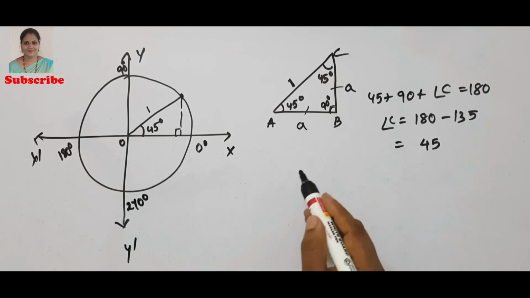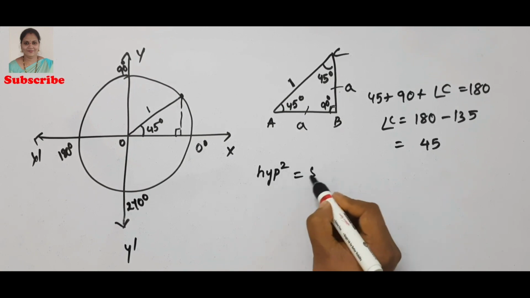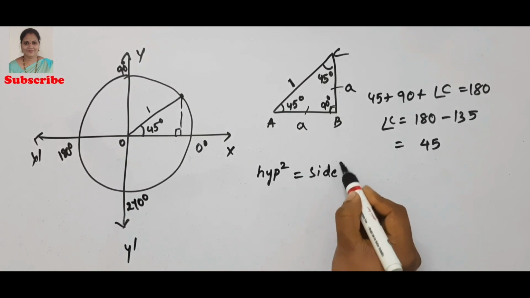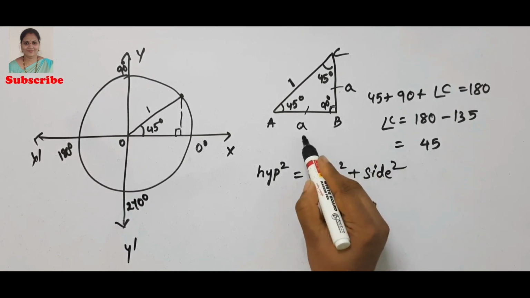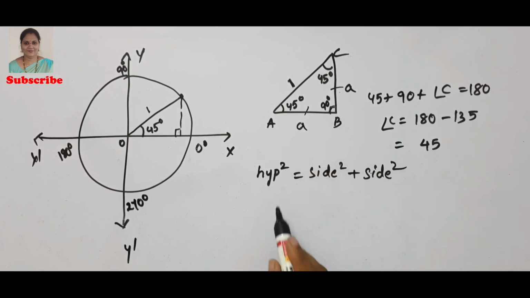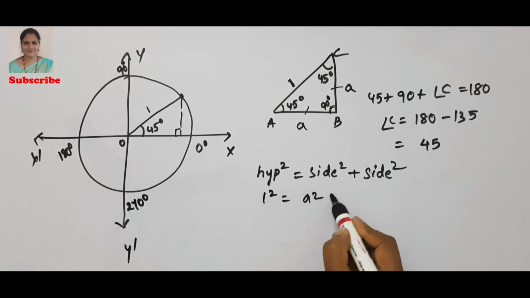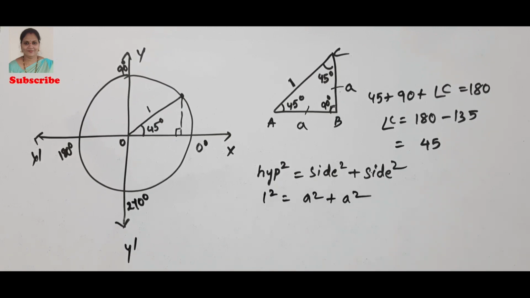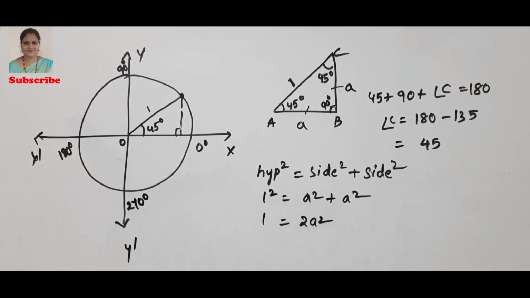So using the Pythagoras theorem, hypotenuse square is equal to side square plus side square, we can get the value of these two sides. So 1 square is equal to A square plus A square. This is 1 equals 2A square.